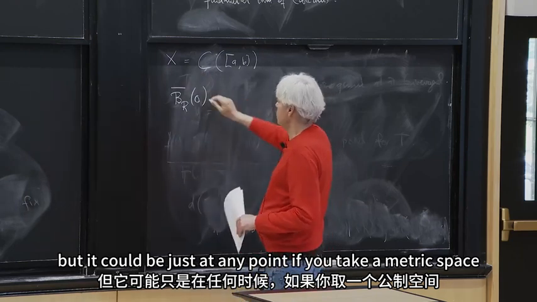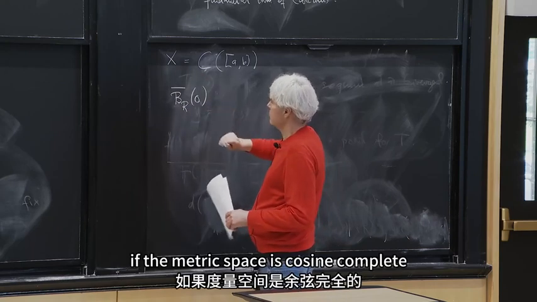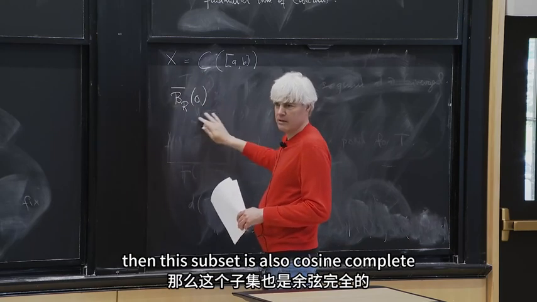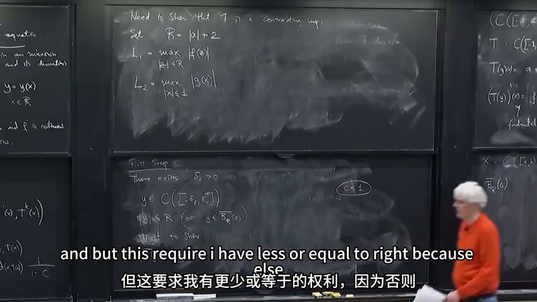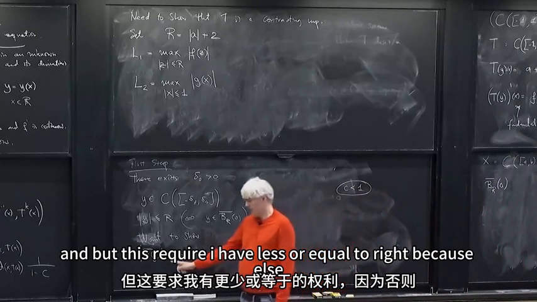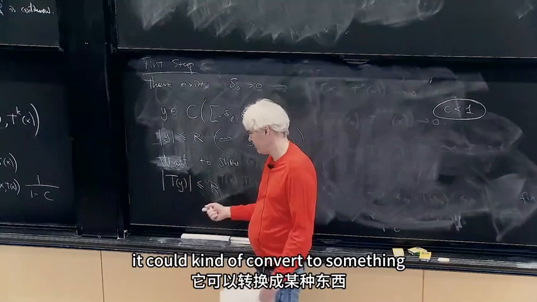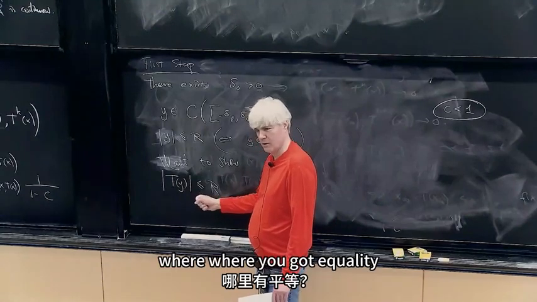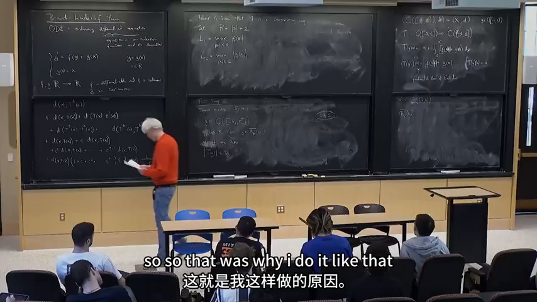If you take a metric space that is Cauchy complete, then this subset is also Cauchy complete. But this requires that I have less or equal to, because else it could converge to something where you got equality, right? So that was why I do it like that.